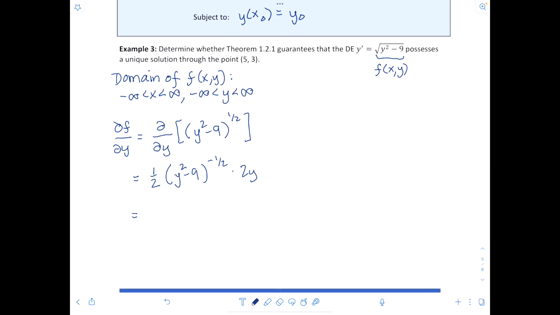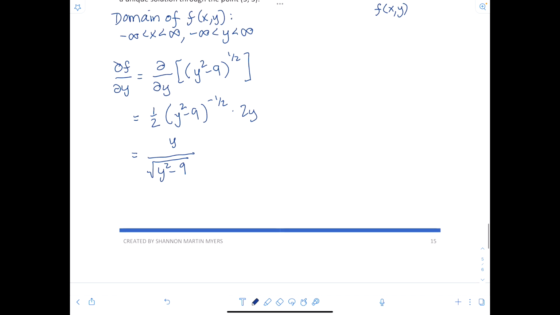The 2's will divide out, and then we're just going to get y over the square root of y squared minus 9, which of course has a discontinuity, right?